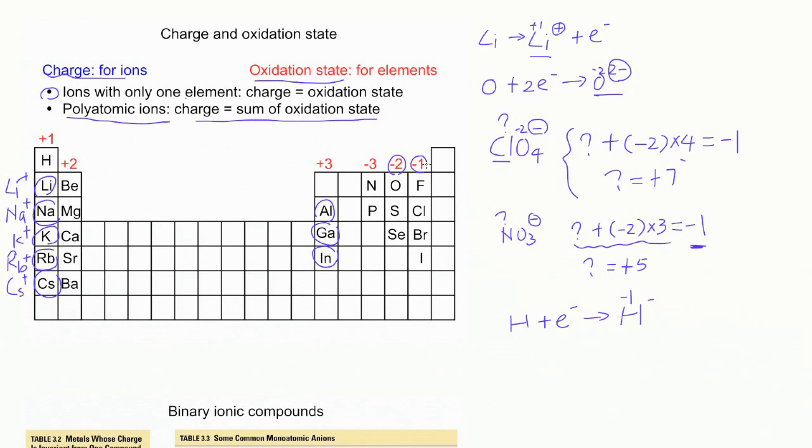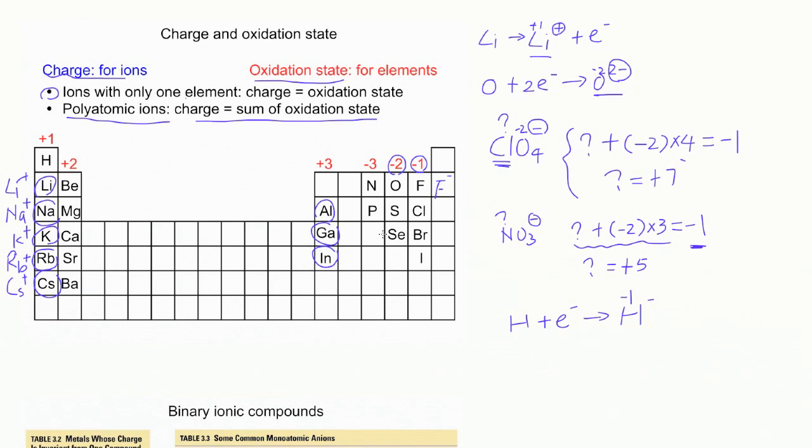Fluorine is always negative 1, but there are some exceptions for chlorine, bromine, and iodine. Sometimes they can get a positive oxidation state, like we see here. So these are the common oxidation states of those main group elements.